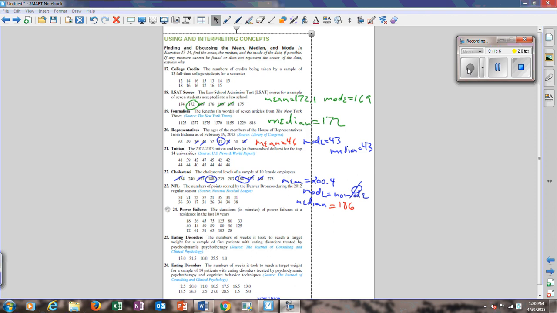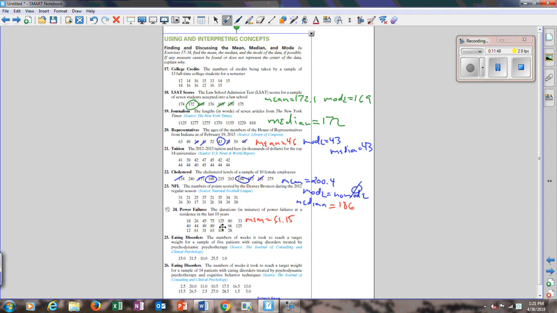All right, number 24. The mean for this one is 61.15. The mode for this one, I don't think any numbers repeat.